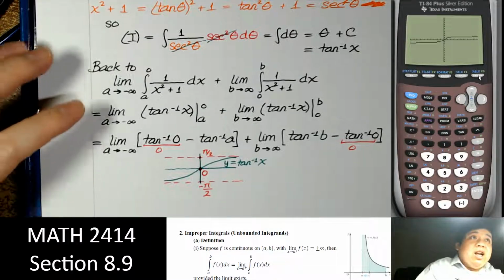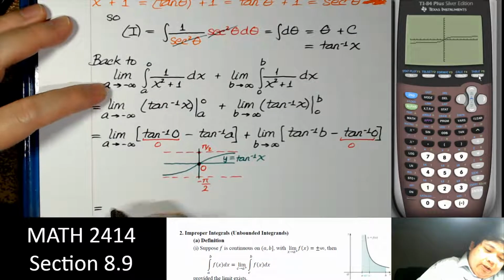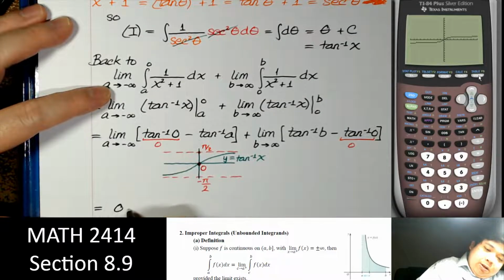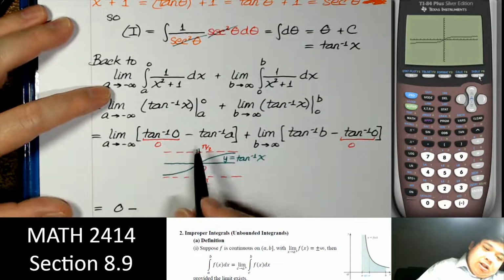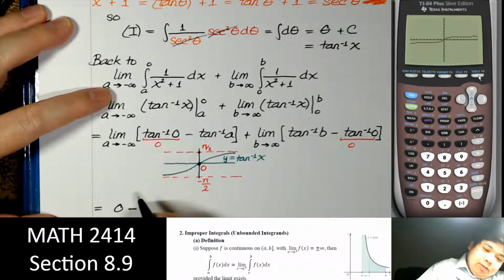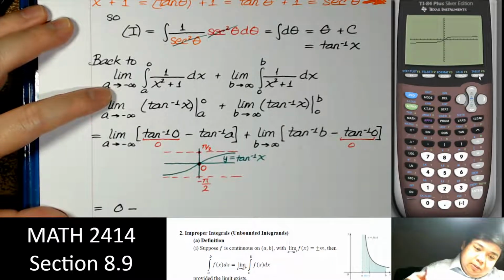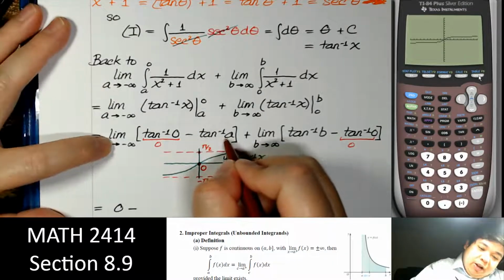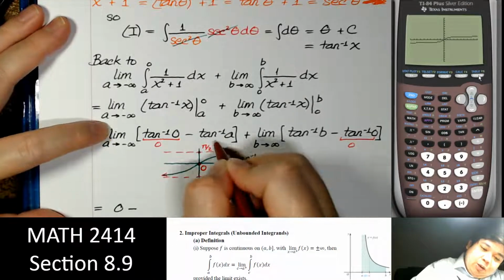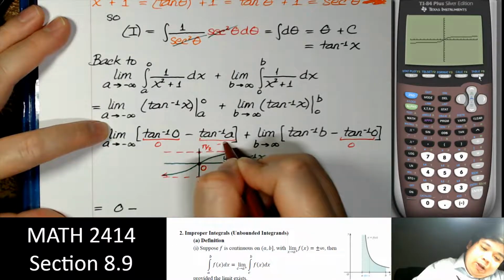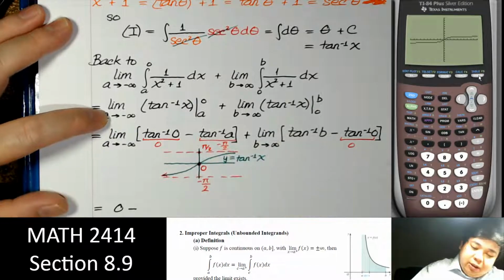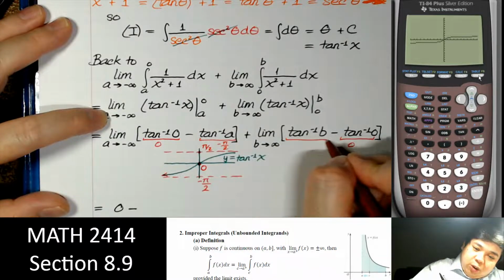So when we put it back into our problem, we have 0 minus, since negative infinity goes to negative pi over 2, and this one goes to pi over 2.